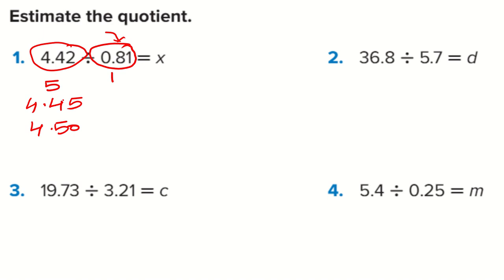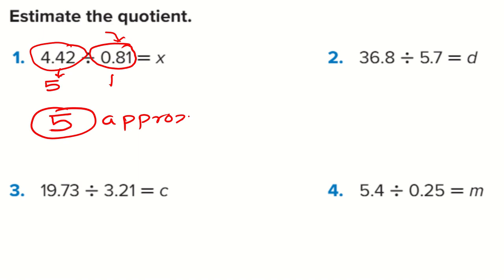Just make sure that you are estimating it. So it's better for you that you take 5 here. So we estimated this as 5 and we estimated this as 1. So if you divide 5 by 1, then what should be the estimated quotient? This will be 5.